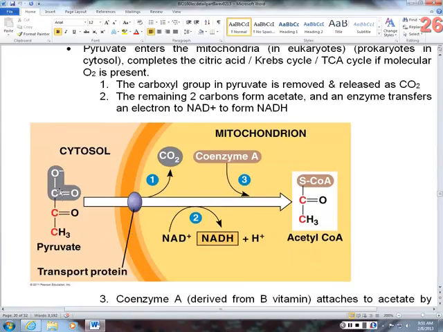So what happens is you've got your pyruvate here that you've made. And what you're going to do is pull off carbon dioxide in there. But you need to have oxygen present in order to do that. If oxygen is not present, this won't come off.